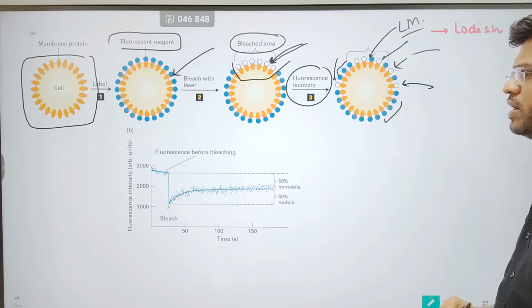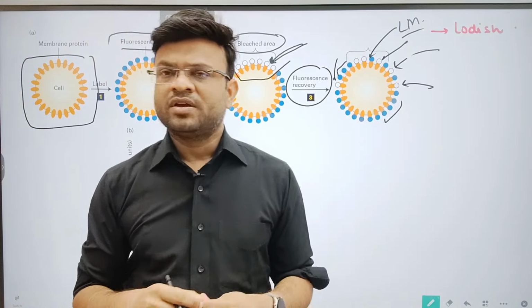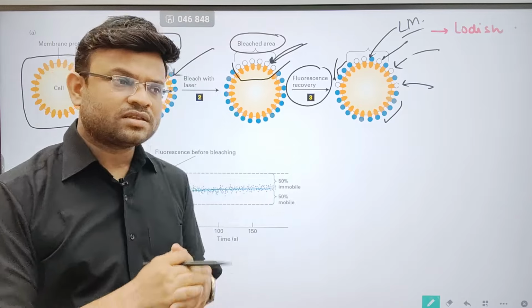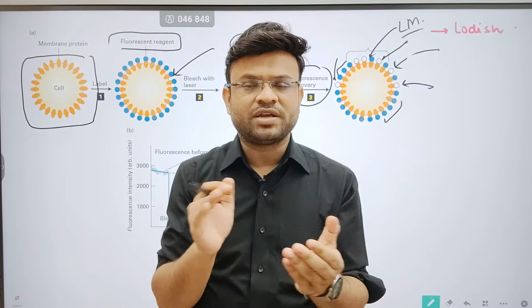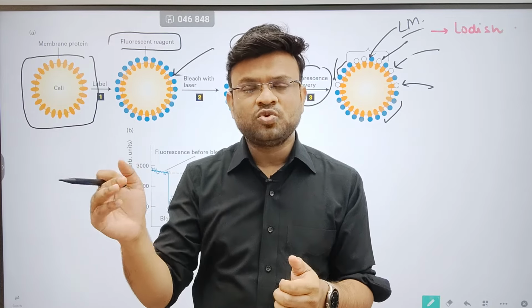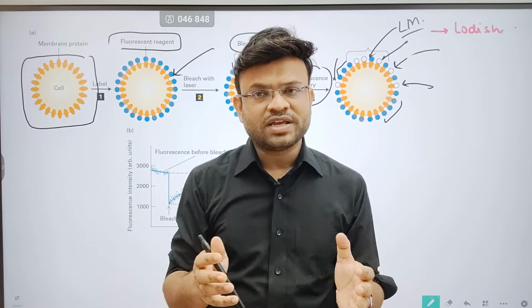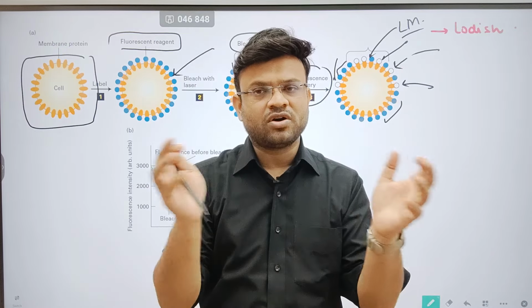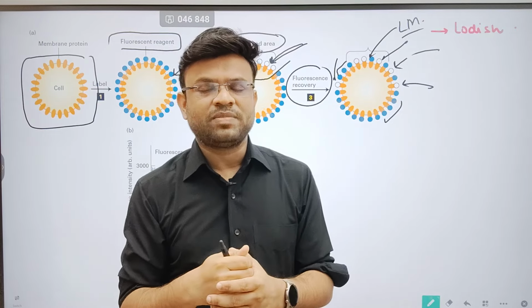Okay, so this entire experiment suggests that when you are initially labeling the phospholipids, all the phospholipids will have that particular stain. Once you hit it with the laser light, the fluorescence will be lost, and then after some time fluorescence recovery will take place.